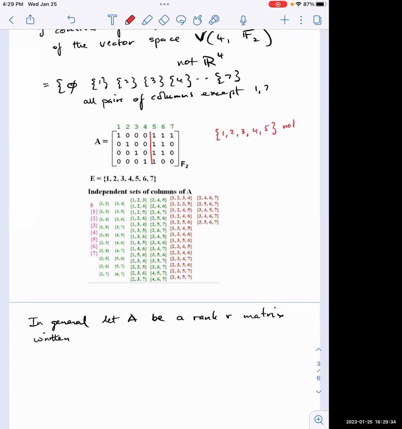So this is not in I. And 1, 1, 7 is not in I. And not every 4 element set is independent either. For example, 1, 2, 3, 6 is not in I.